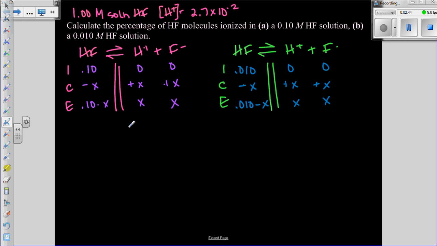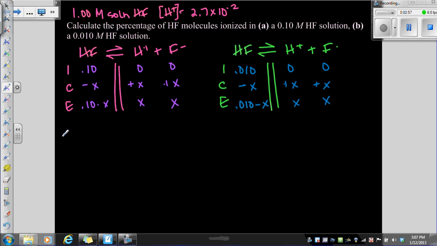Now, earlier we wrote the expression for hydrogen fluoride, and I don't want to do that right now because we've done that before. So I'm going to substitute directly into the equation.